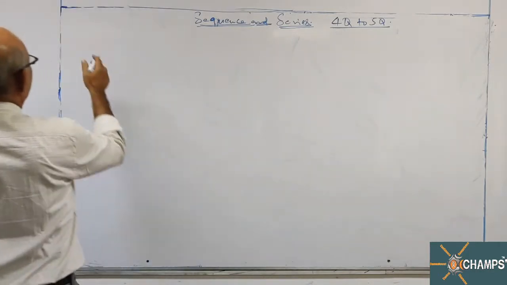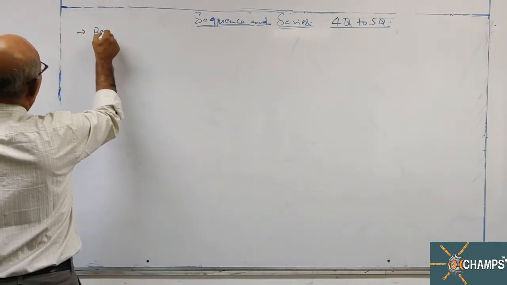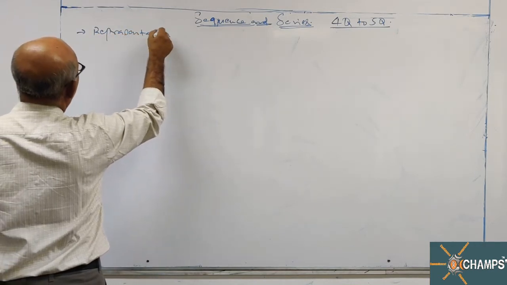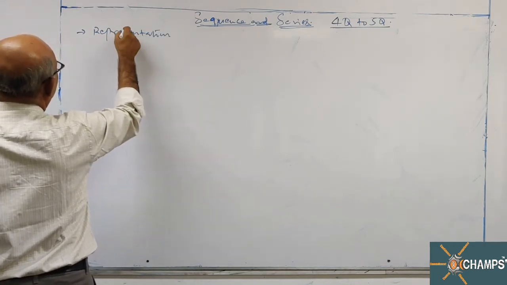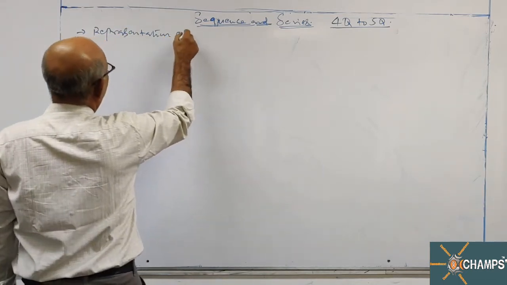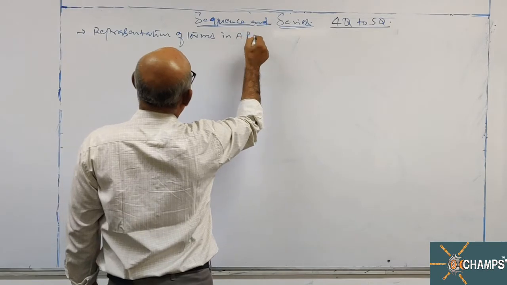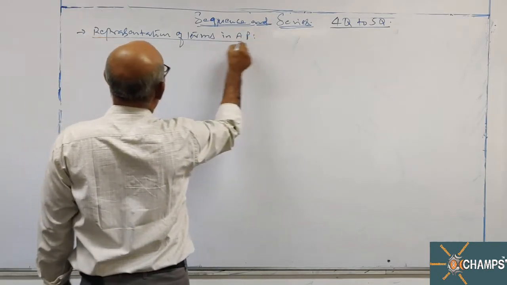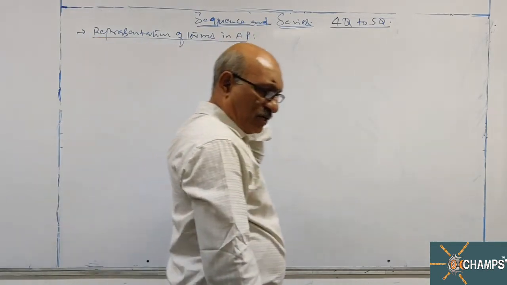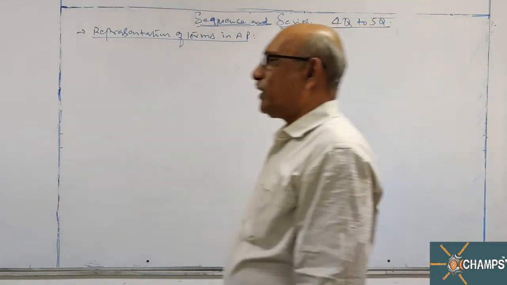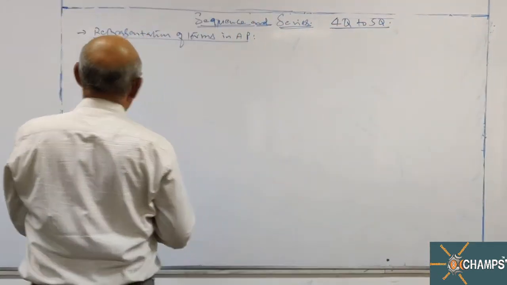Next, representation of terms in AP. When you want to represent 3 terms, how can we take?